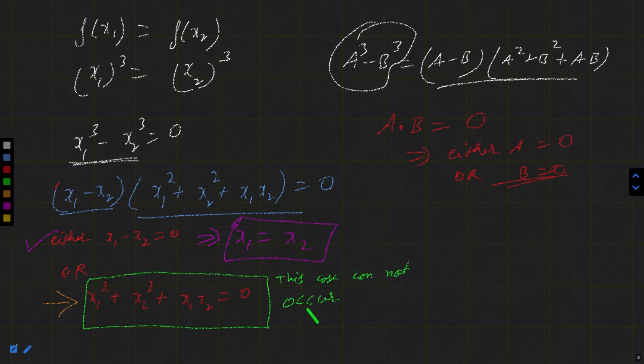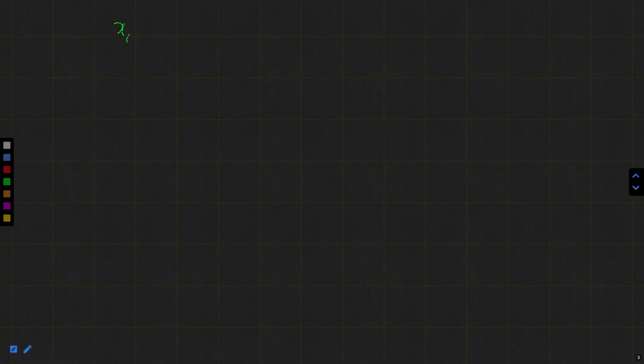So, x1 square plus x2 square plus x1 x2 is equal to 0. I am saying that this is equal to 0.